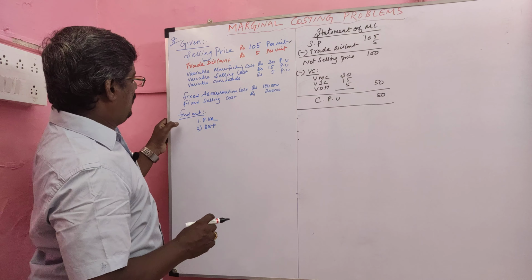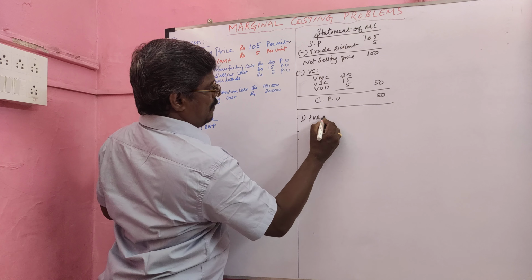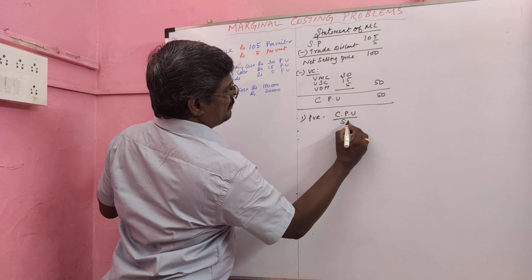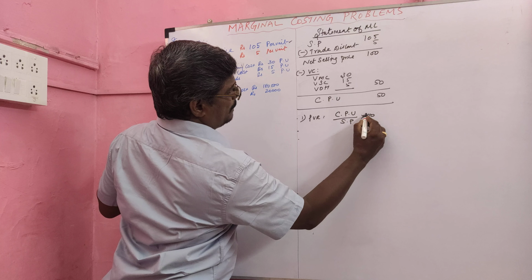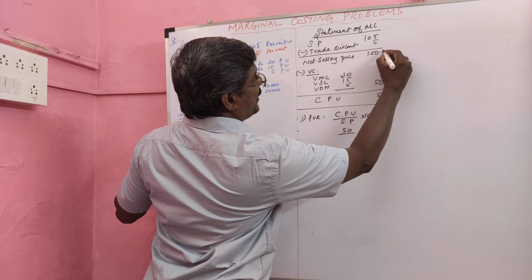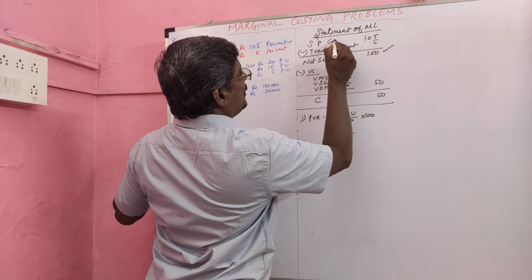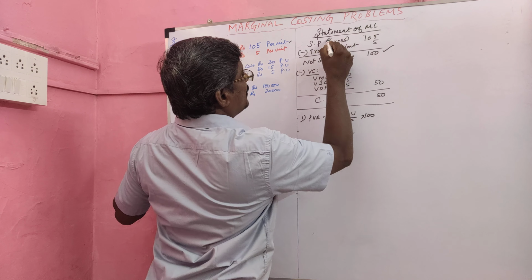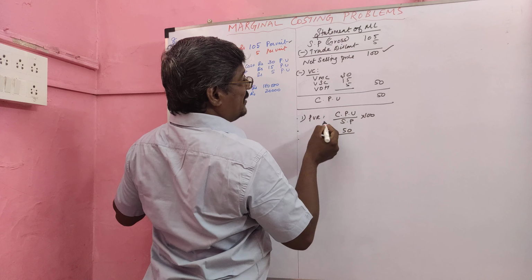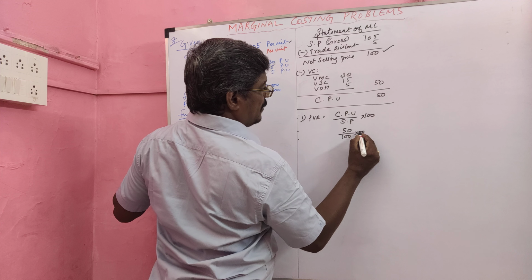Now we are going to find PVR. First question is PVR. What is the formula? Contribution per unit divided by selling price into 100. Contribution per unit how much? 50. Selling price we have to take net selling price, not the gross selling price. After deduction of trade discount we call it net selling price. When we calculate PVR we should use the net selling price into 100.